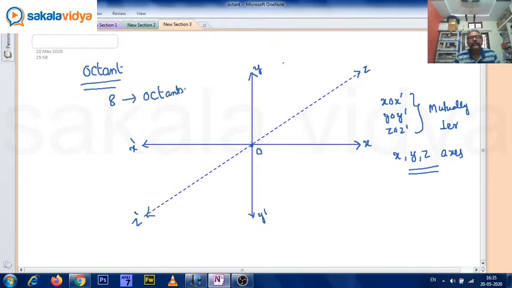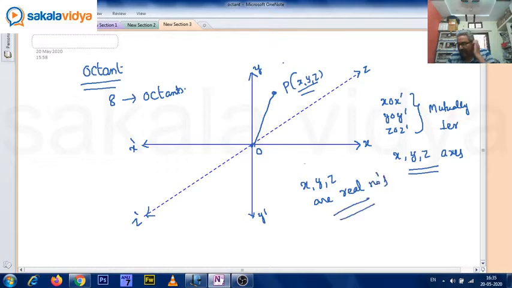Understood now? For example, if you consider any point in this space, say P(x, y, z), where x, y, z are real numbers. In each compartment they follow a sign scheme. So let us discuss the sign scheme in the components.